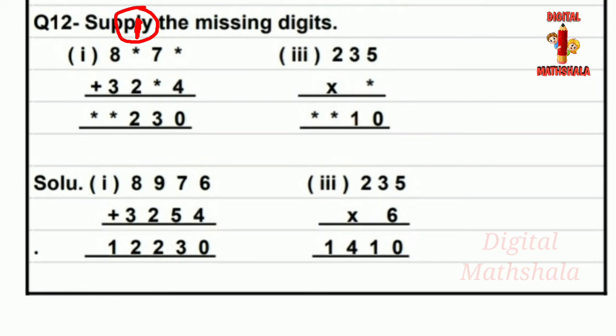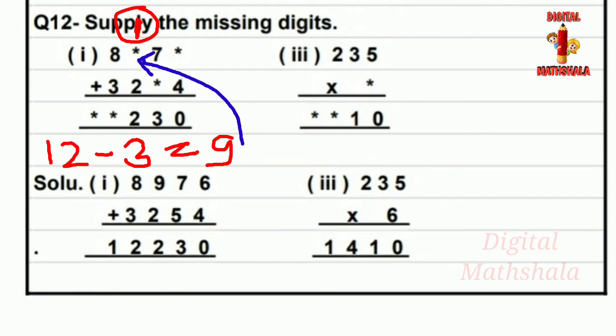Obviously it is not 2, it is 12, because in 12 the unit digit is 2. So we will do 12 minus 3, and we will get 9. So the missing digit will be 9.